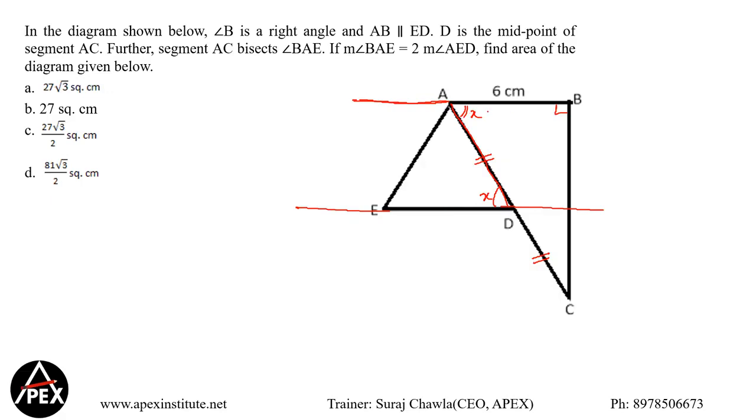So if AC bisects angle BAE, that means these two angles are equal. If these two angles are equal, I would say this angle is equal to x. Now it says that BAE, this whole thing is 2x, is twice of AED. So 2x is equal to twice of angle E, which means angle E is also equal to x.